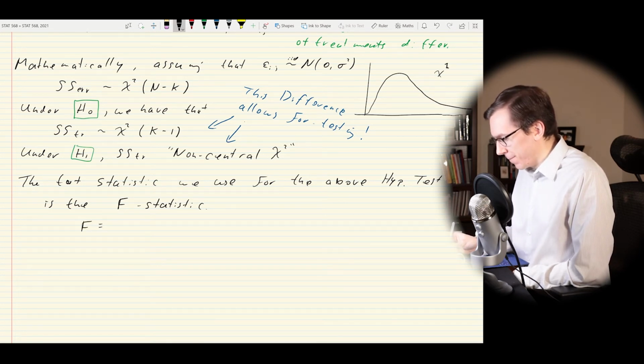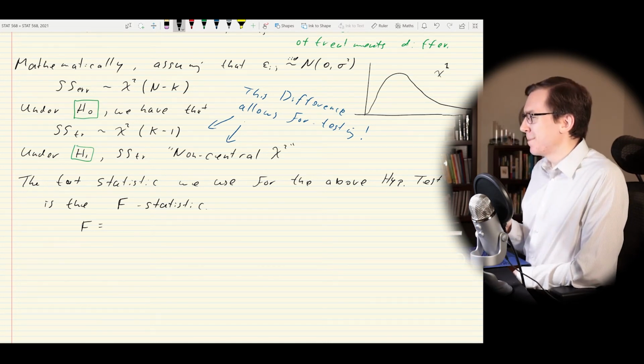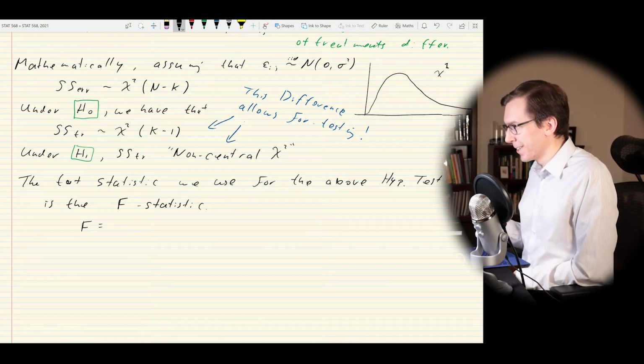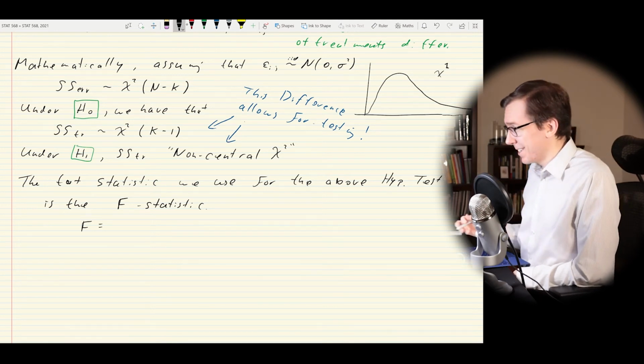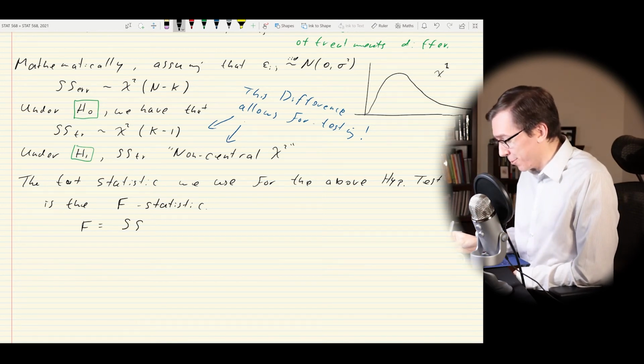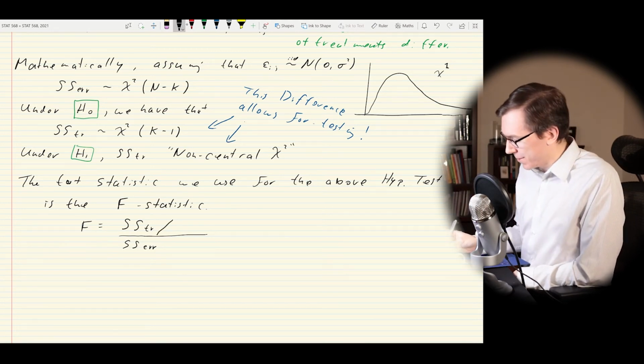Though, now that I think about it, I think there's actually the name Snedecor attached to the F test. I have to double check that. Who is another famous, if less known than Fisher, statistician. Regardless, the F statistic is going to be the ratio of our treatment sum of squares to our error sum of squares, but we have to normalize by the number of degrees of freedom.